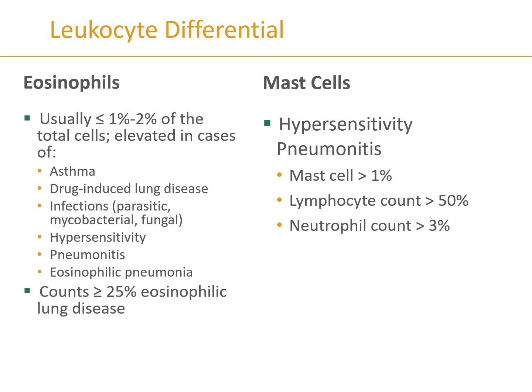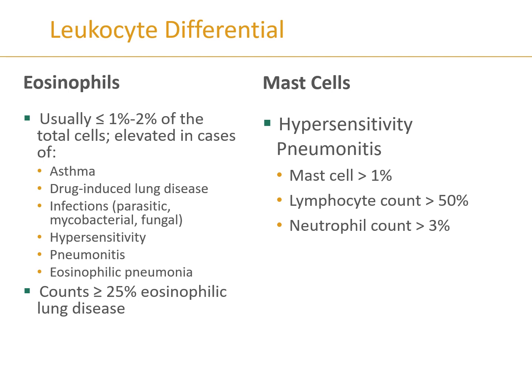However, if you do have elevation in those counts, that could be suggestive of some kind of allergic type response like asthma or drug-induced lung disease, various infections or hypersensitivities. If you have counts greater than or equal to 25%, then that could indicate an eosinophilic pneumonia or lung disease process that's taken place, so that would need further investigation.